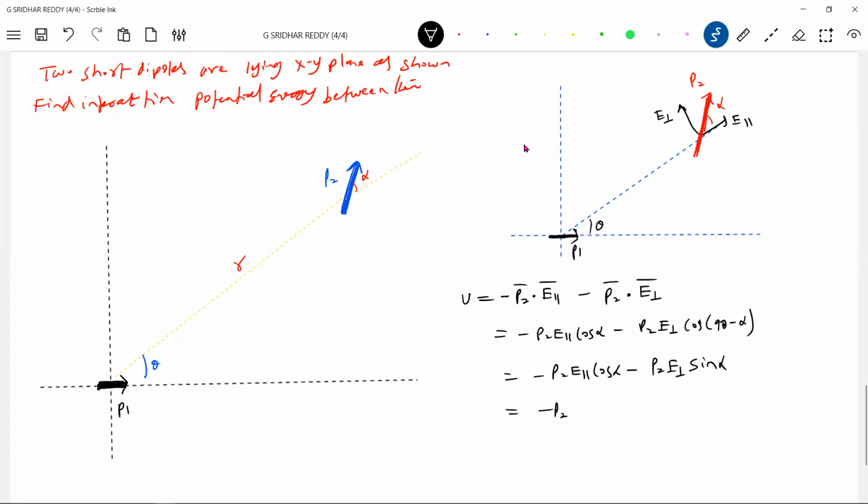Do we know what E parallel is? E parallel is equal to 2 P1 cos theta by 4 pi epsilon naught r cube, and this is cos alpha. P2 E perpendicular, where E perpendicular is P1 sin theta by 4 pi epsilon naught r cube, times sin alpha. This is the total interaction potential.